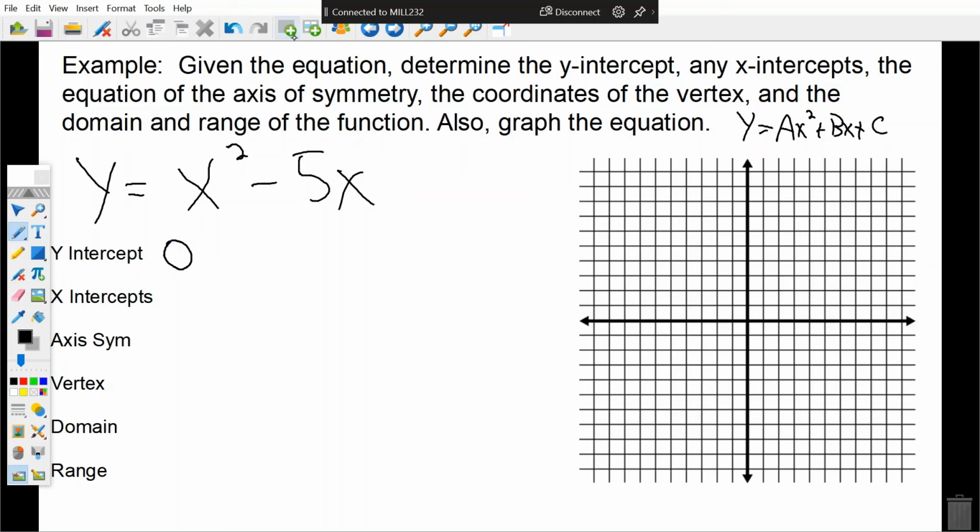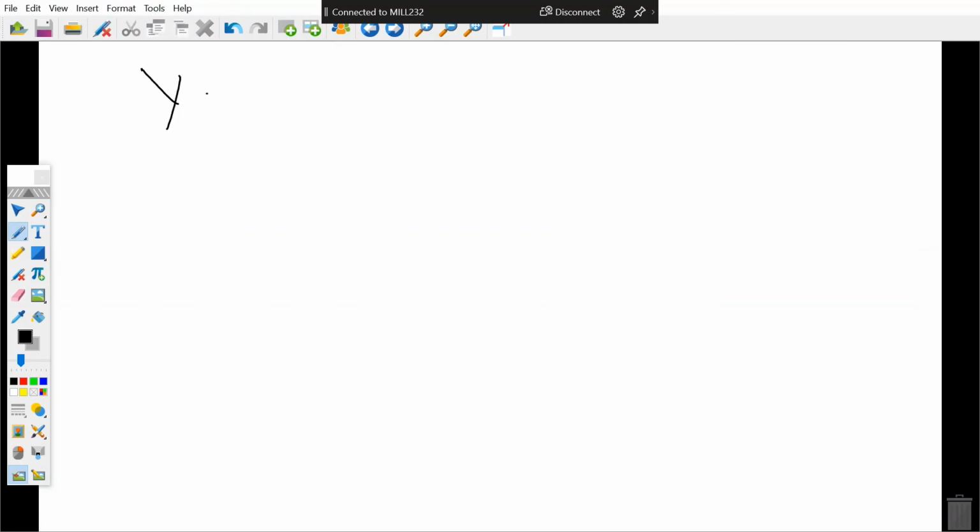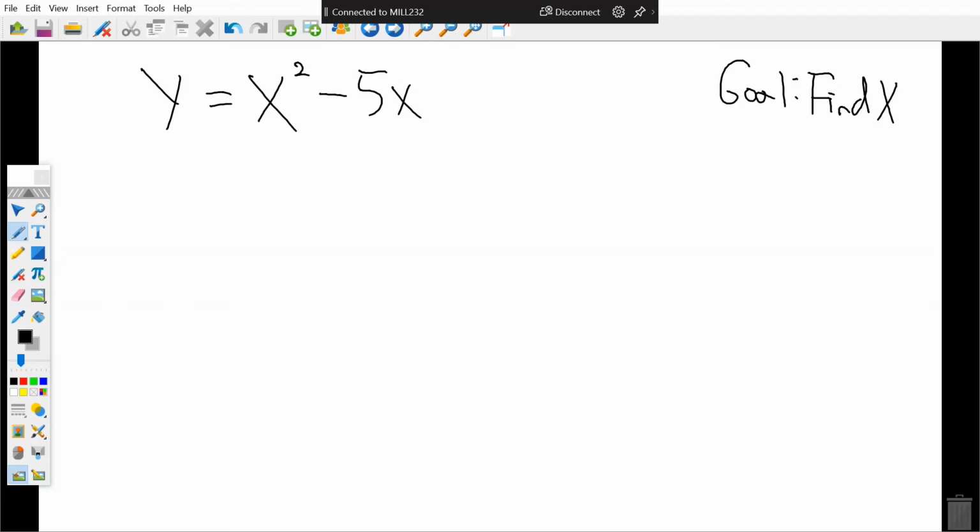So, again, we'll go to another slide for this. y equals x squared minus 5x. Our goal is to find the x-intercepts again. Remember, just as before, we're going to make y equal to 0, and we're going to solve for x.